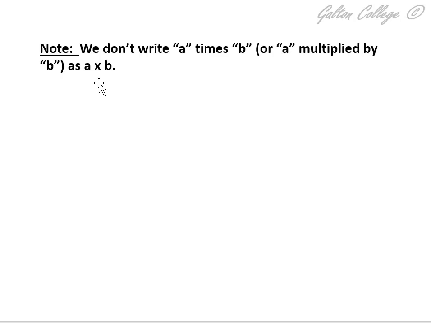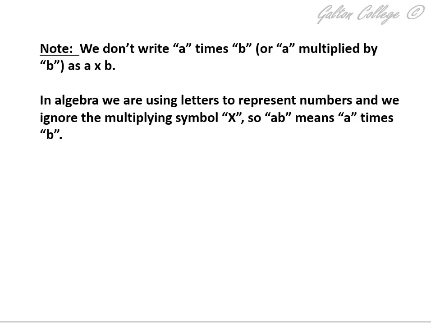So we don't write the X. It's too confusing, so we just get rid of the X. And what we do instead is we write, to multiply, AB. It means A times B. So we don't write A X B. AB is our times. Sometimes we can put expressions in brackets, and once the brackets are touching, that means multiply as well. We'll see that later. But for the moment, AB is the same as A times B. That's all we need to know there.